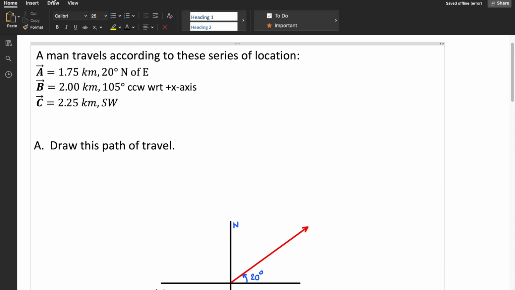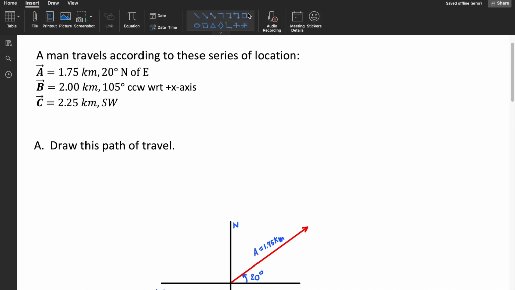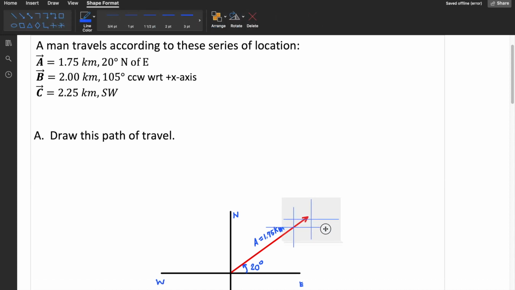Since it is a series of locations, after this point here I will call that one the A vector, having a magnitude of 1.75 kilometers. Next, at the tip of your A vector, we'll connect an arbitrary xy plane. We'll connect the B vector for this one.